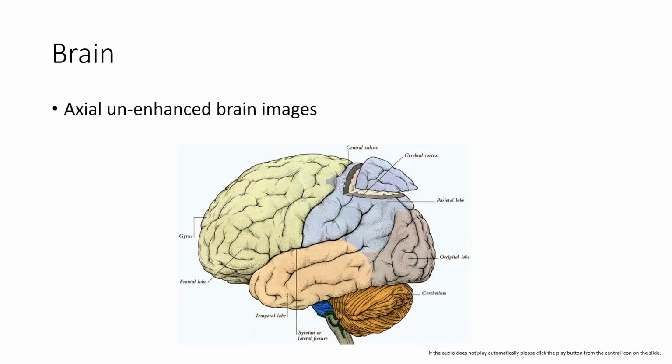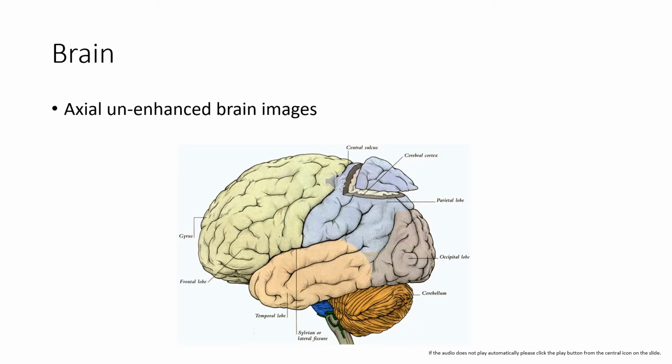In this discussion of CT brain anatomy, we shall concentrate on the axial unenhanced brain images. These are the images you'll see on PET-CT of the brain in dementia and epilepsy assessment. In this cartoon, we can see the major divisions of the brain on the lateral aspect.